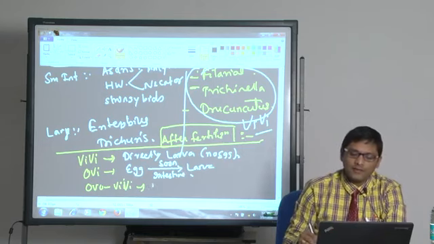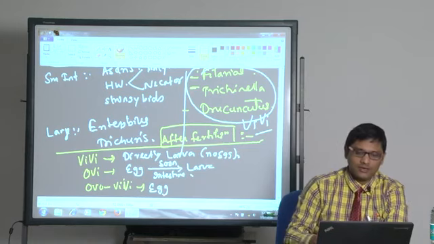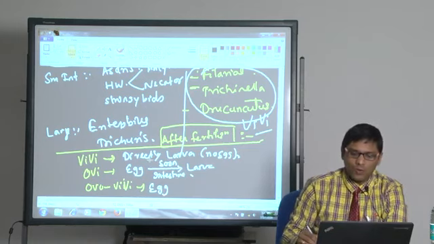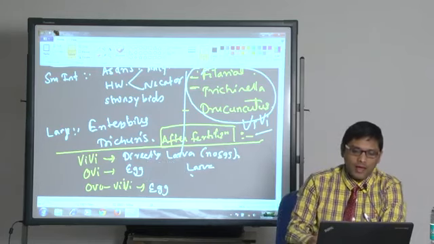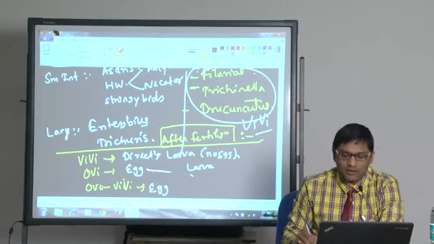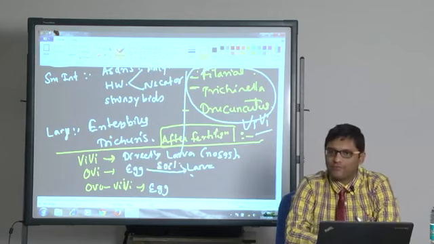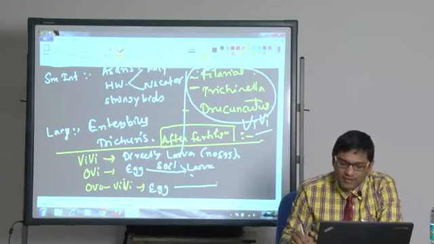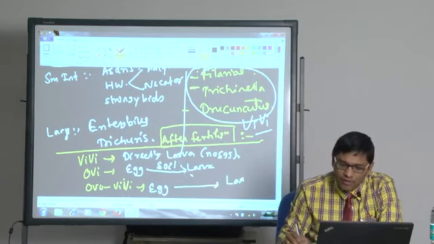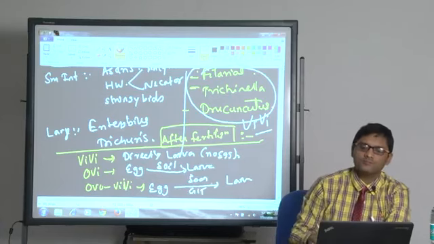Oviparous: after fertilization, eggs will be produced, and eggs will be converted to larva after a long time, mainly in the environment, soil. Whereas in ovoviviparous, eggs are produced and they will become larva very soon in the GIT itself.